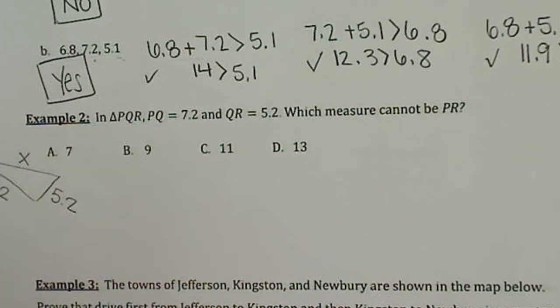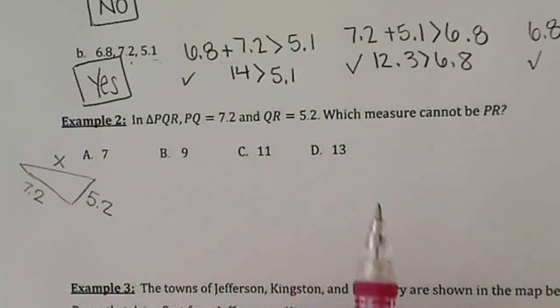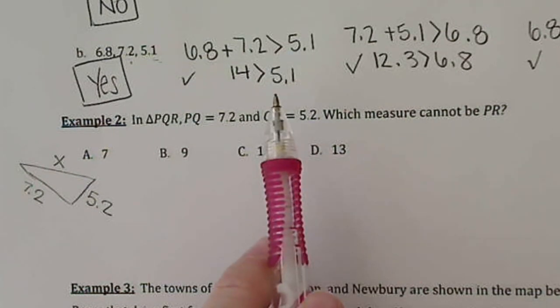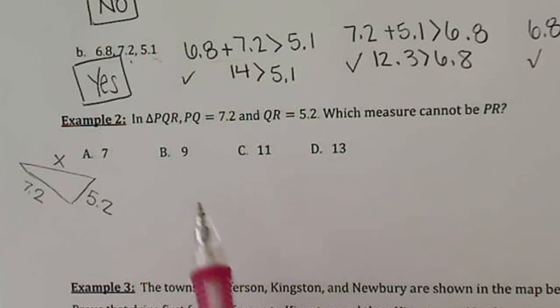Let's say that side is X. Let's go ahead and do what we did up here to find what X cannot be.